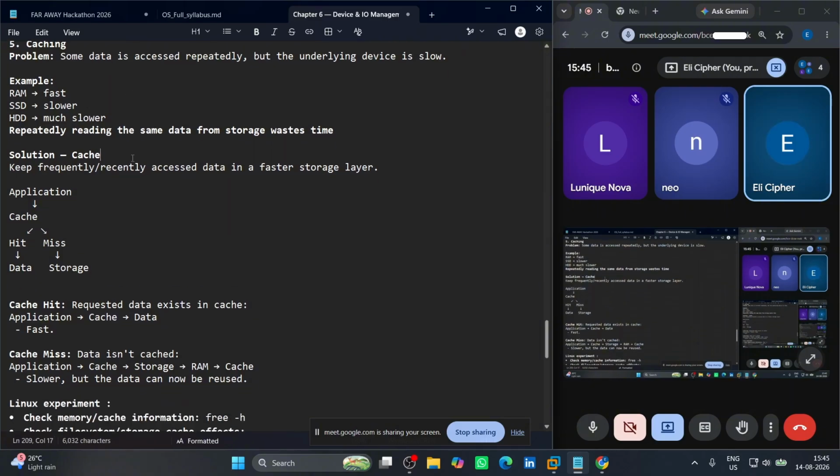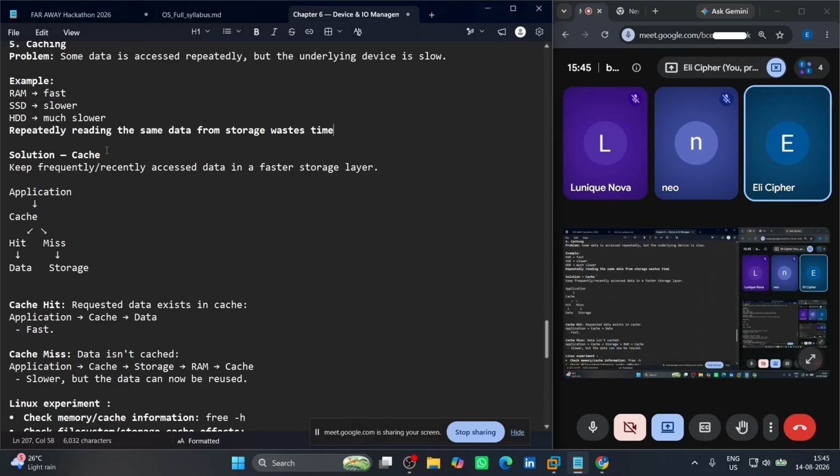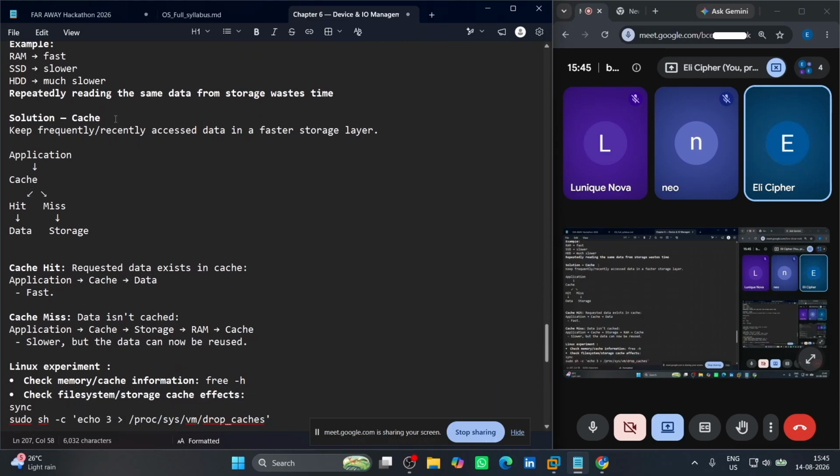To handle that problem, here is an example: RAM is fast, SSD is slow, HDD is much slower, right? So repeatedly reading the same data from storage wastes time because the system is slow. So here the solution is cache: keep frequently and recently accessed data in a faster storage layer.